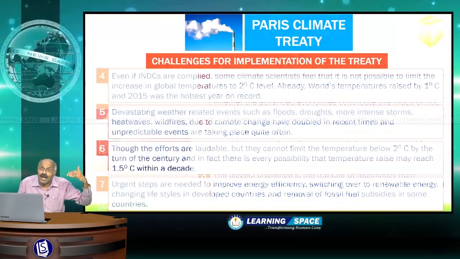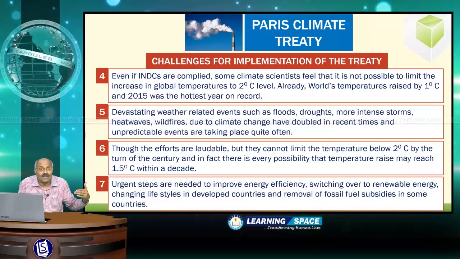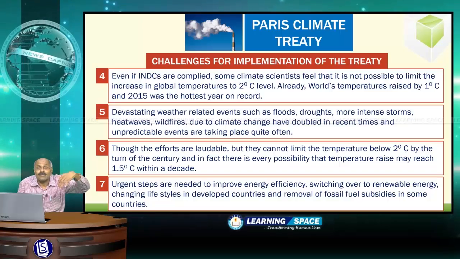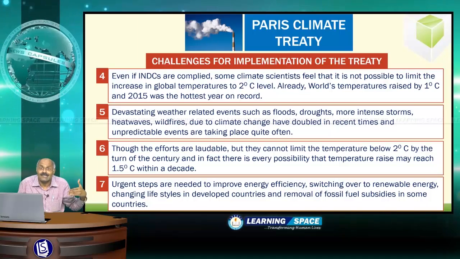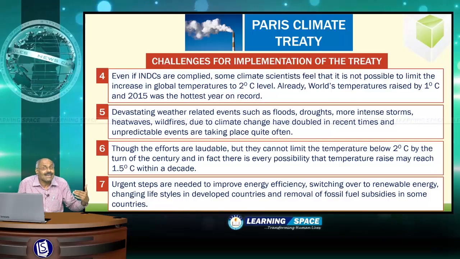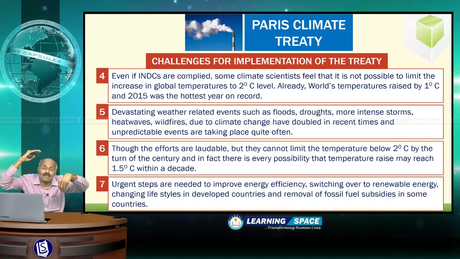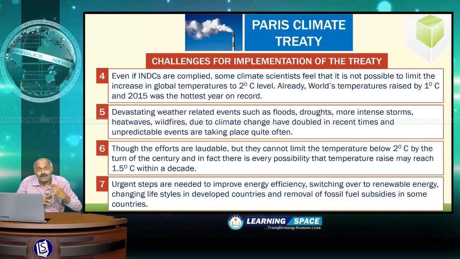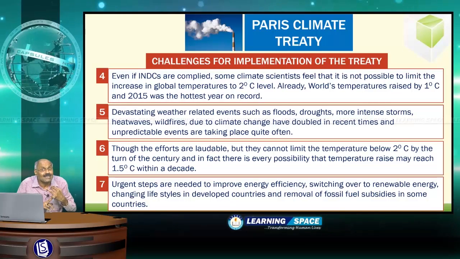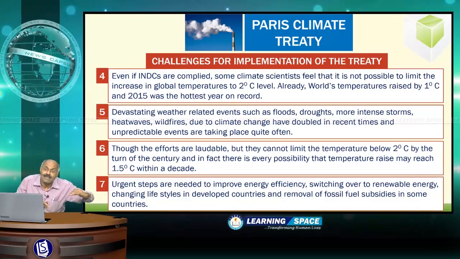Then even if INDCs are complied, each and every country has given INDC, even if these INDCs are complied, some climate scientists felt that it is not possible to limit the increase in global temperatures to 2 degrees centigrade level by 2100. Already the global temperatures have increased by more than 1 degree centigrade when you compare to pre-industrial levels.